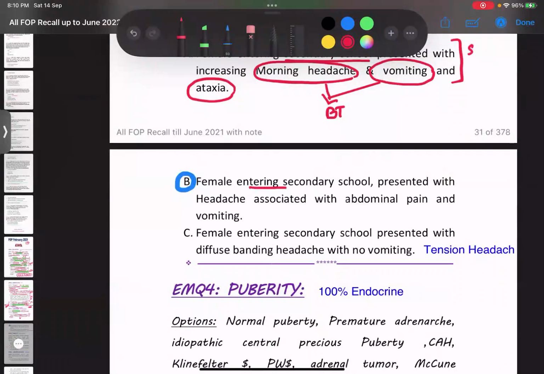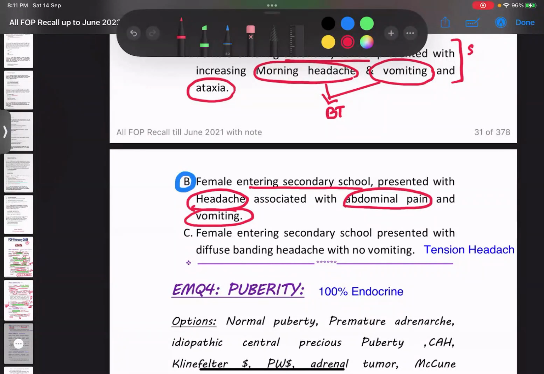Female entering secondary school presented with headache associated with abdominal pain and vomiting. So during the headache or the abdominal pain, the patient will come to us with vomiting. Patient may come with photophobia. They may come with very common pallor. This is a case of abdominal migraine.